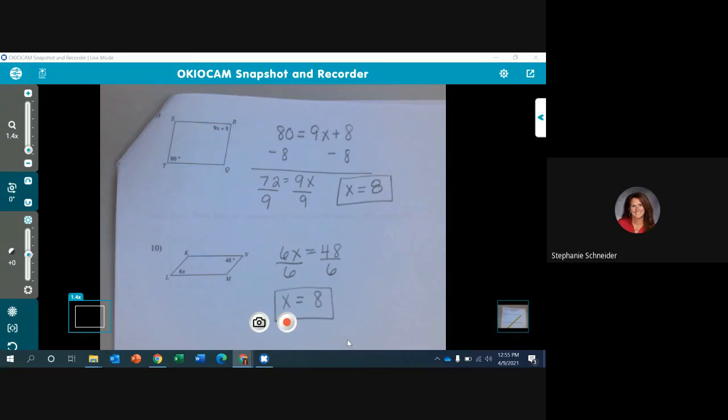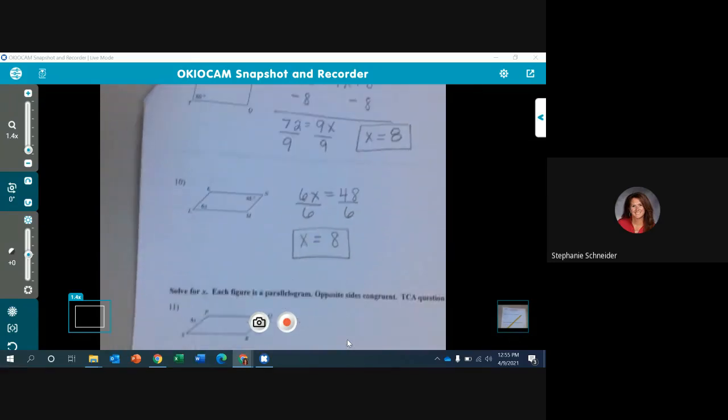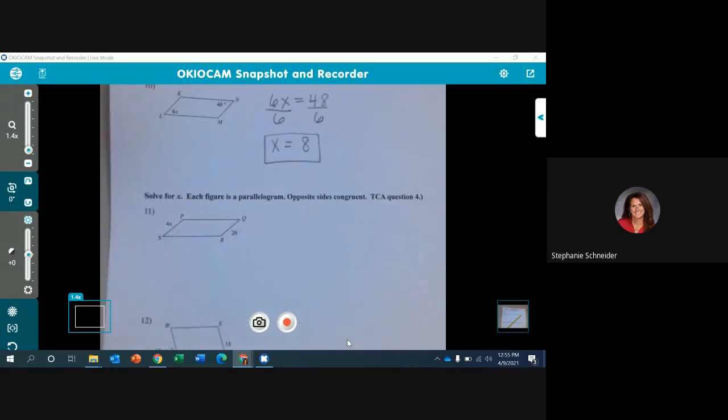Okay, all right. Let's slide down here. All right, so each figure is a parallelogram. In this one, we know because it's a parallelogram, one of the rules is that the opposite sides are congruent. So just like the angles, these ones are also going to be congruent.